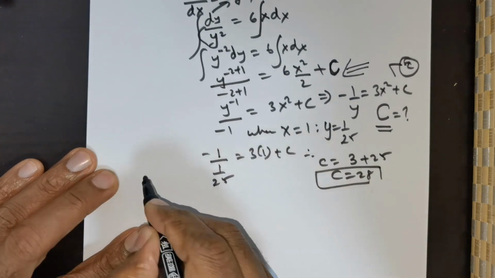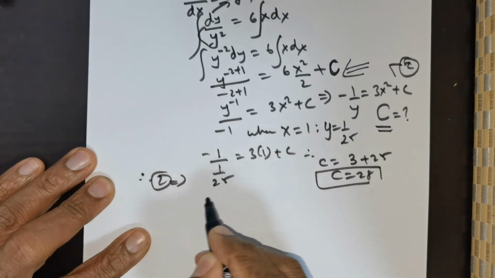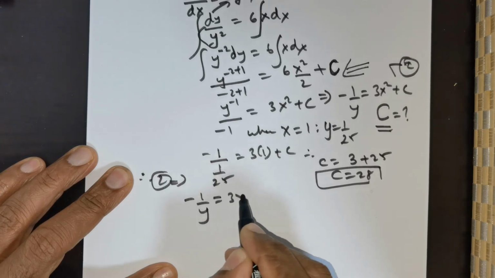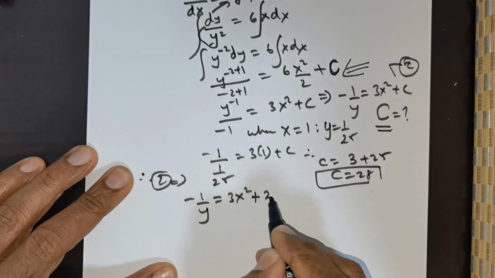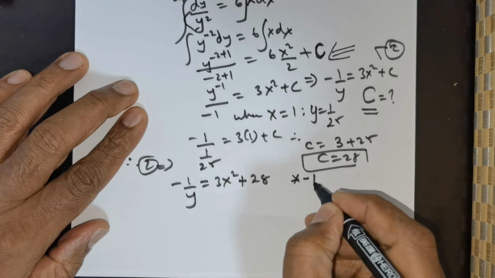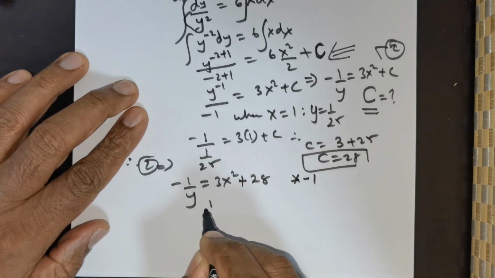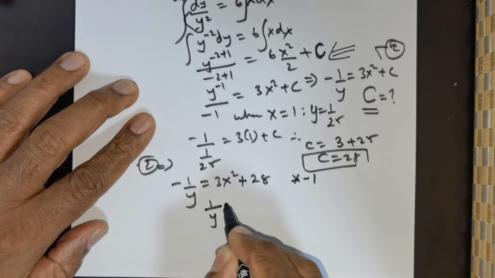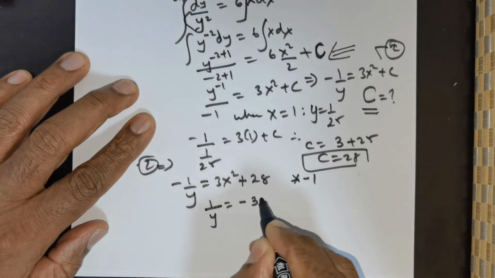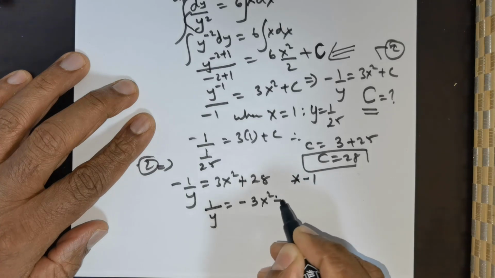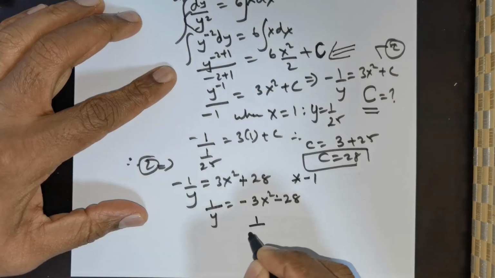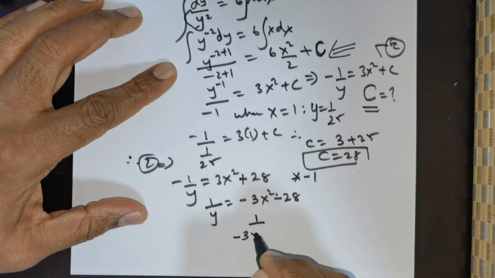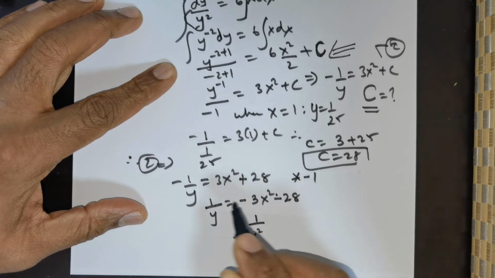So therefore I can rewrite 2 as negative 1 over y is equal to 3 times x squared plus 28. We'll just multiply both sides by negative 1. In that case I would get positive 1 over y equal to negative 3 times x squared minus 28.